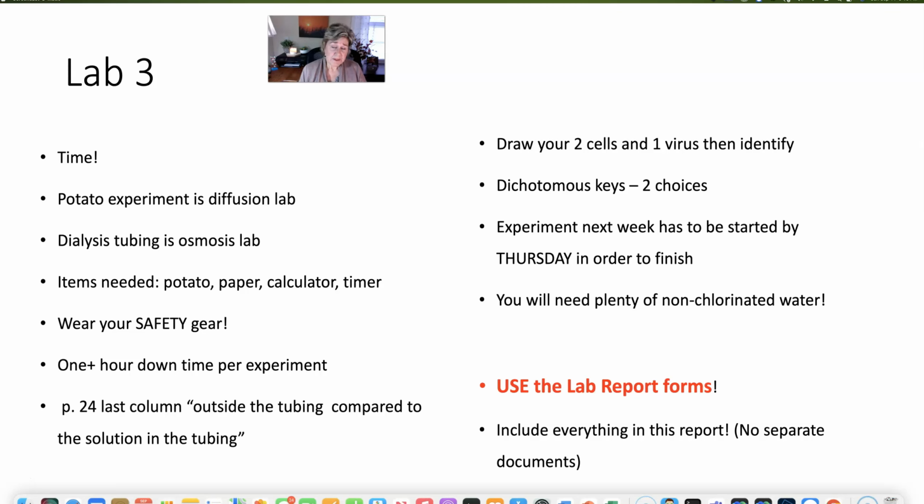Maybe I'll have to send out the instructions again. I think I'll do that so that you can find those lab report forms. They're kind of hard to find, which is why I've already sent out one email about it, but I'll send out another one. Include everything in the report. I shouldn't be looking at 5 files. I should be looking at 1 file, 1 lab report for each thing that you have to do.